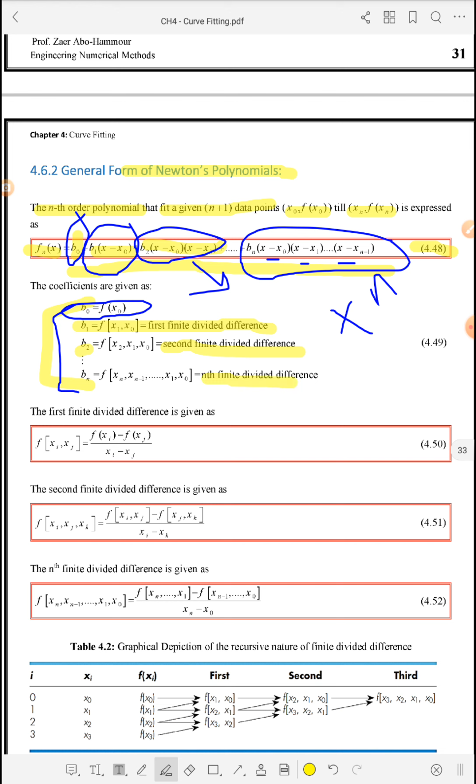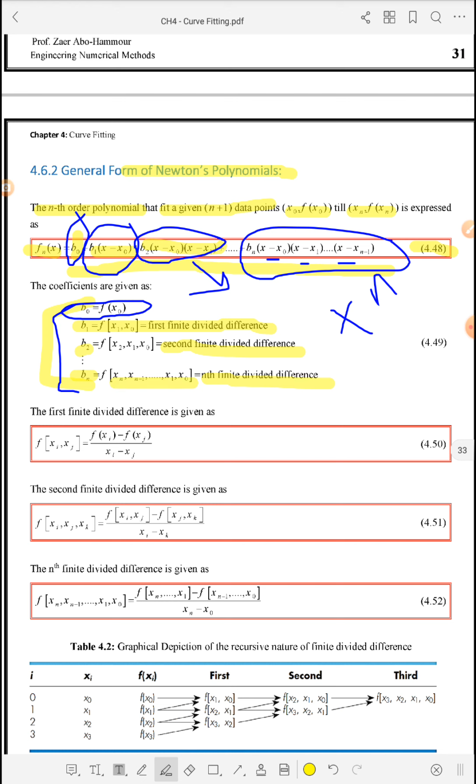And finally we reach bn, which is the nth order finite divided difference, and we have given it the symbol f square bracket xn till x naught.